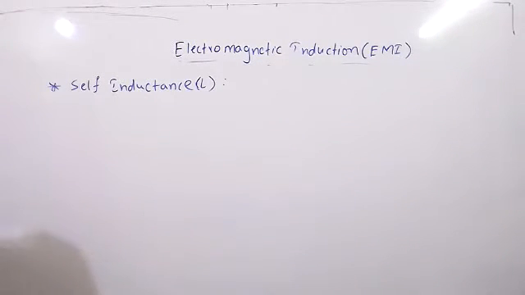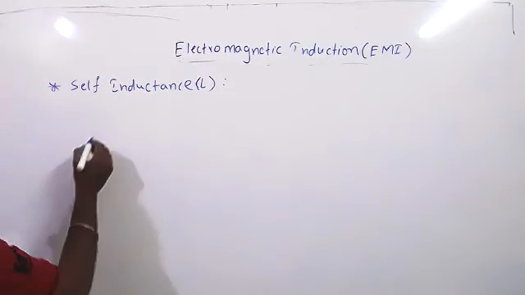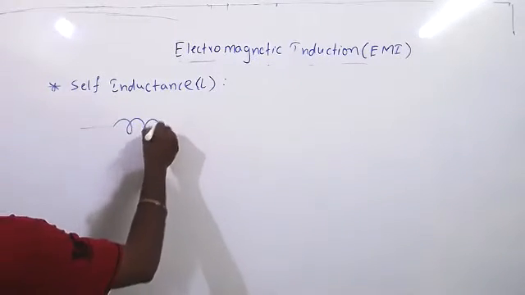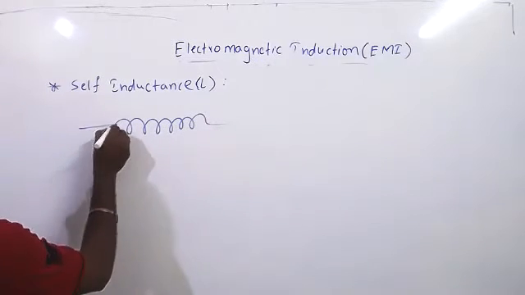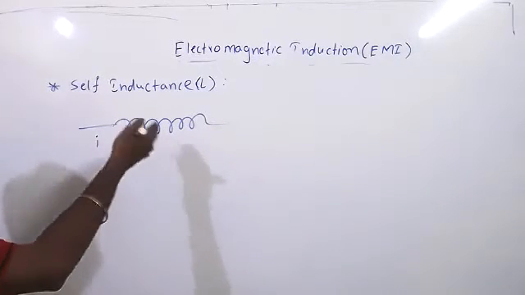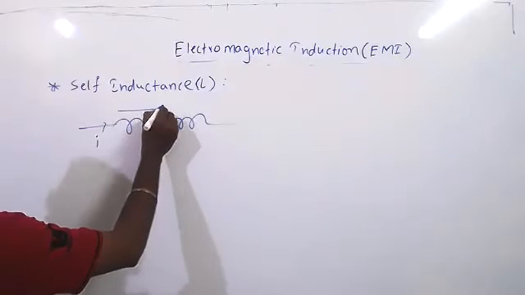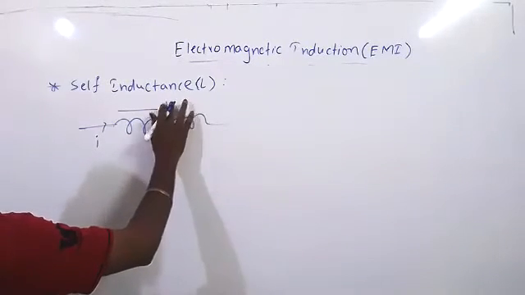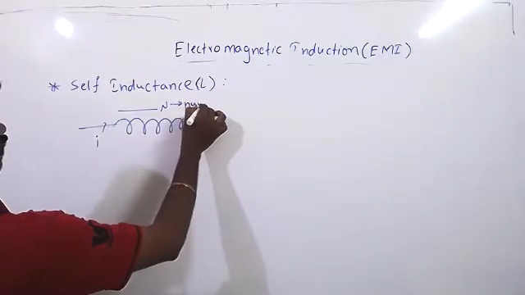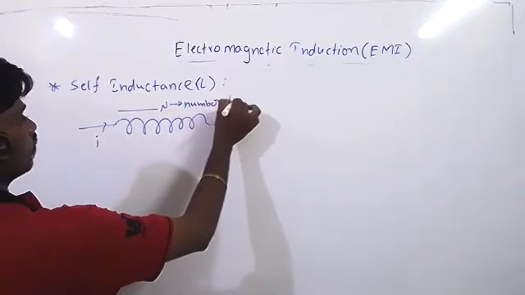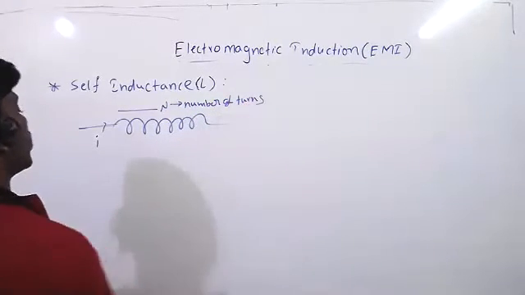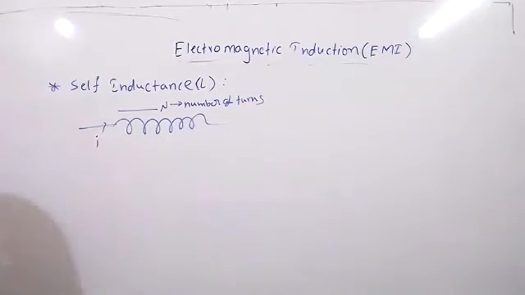Okay, let's see. We are discussing self-inductance. Suppose this is the coil, and a current I is passing through the coil. N number of turns are there in that coil.